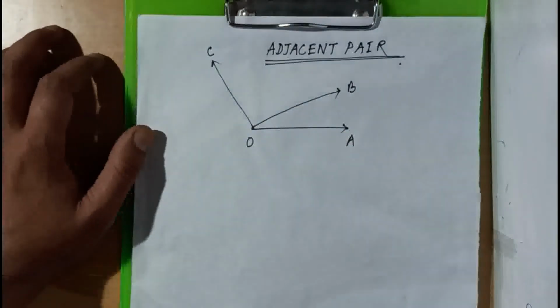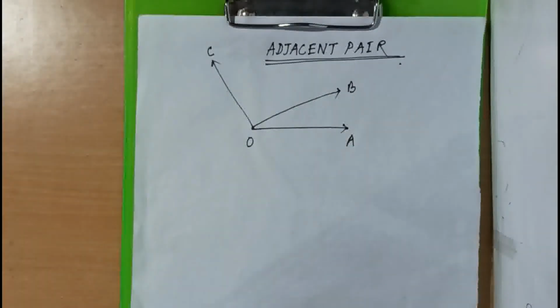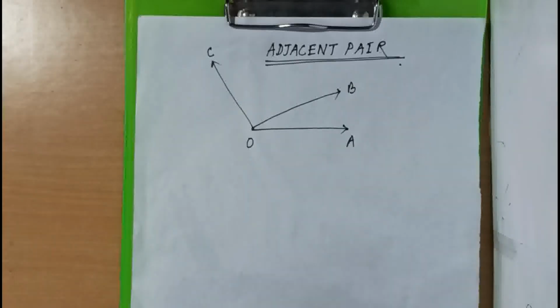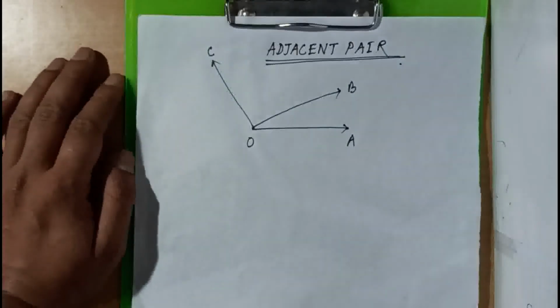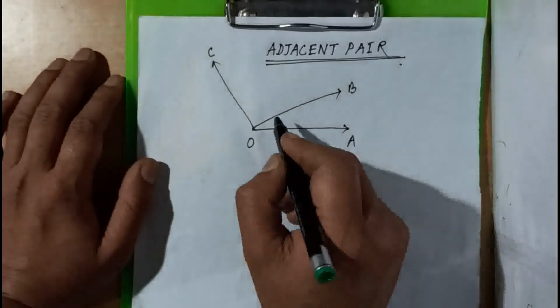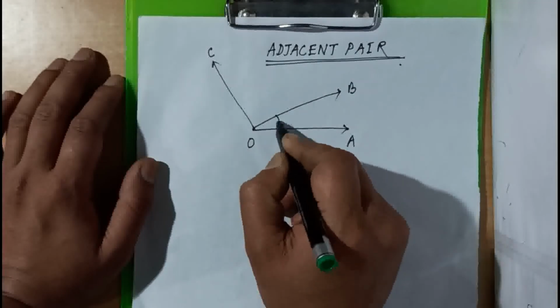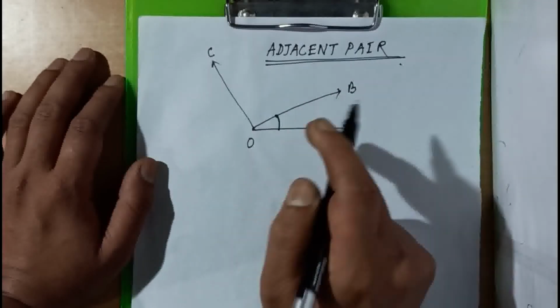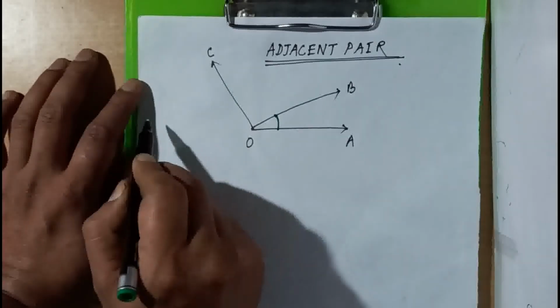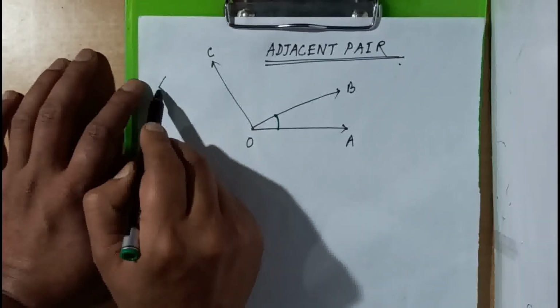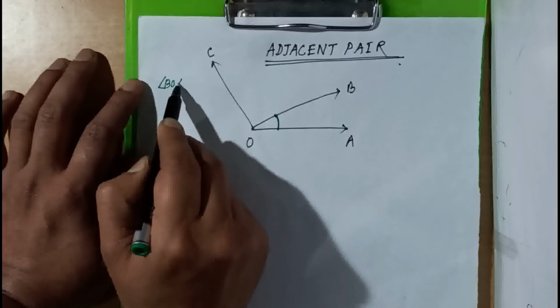Now if I ask how many angles are there, there are three angles. First angle is this green color angle, that is BOA. Let us write, the first angle is BOA.